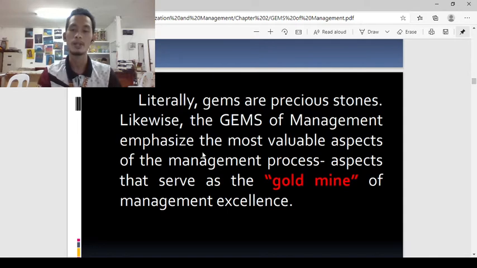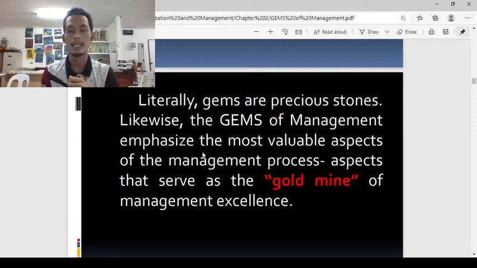Literally, gems are precious stones, right? Likewise, the GEMS of management emphasize the most valuable aspects of the management process, aspects that serve as the gold mine of management excellence. In fact, just like precious stones, gemstones, diba, the GEMS of management also are very precious, most valuable aspects of the management process.